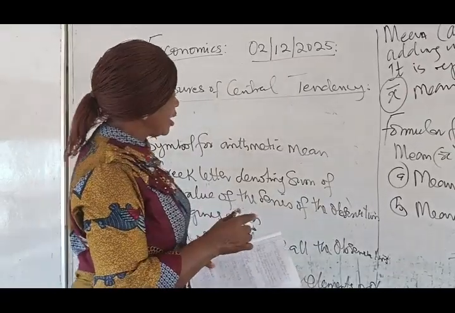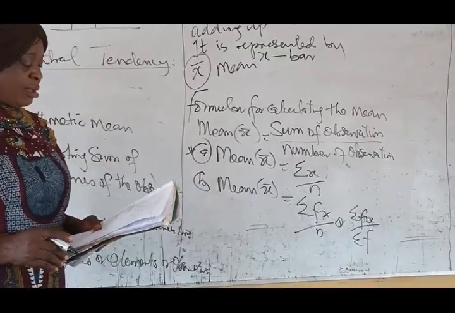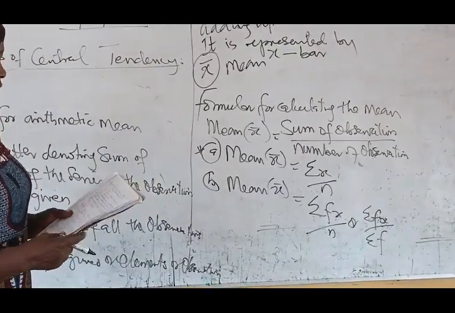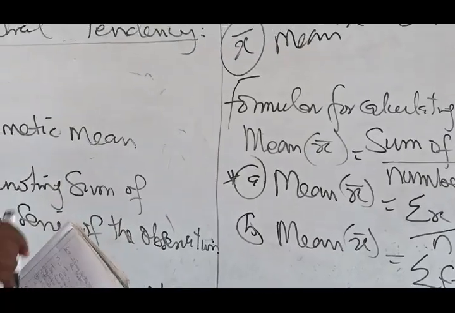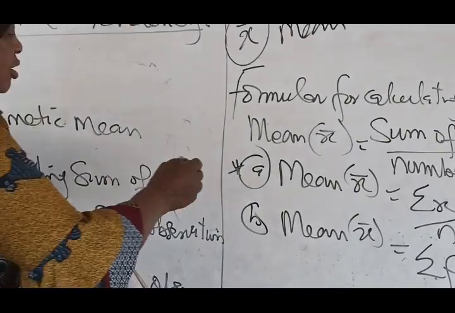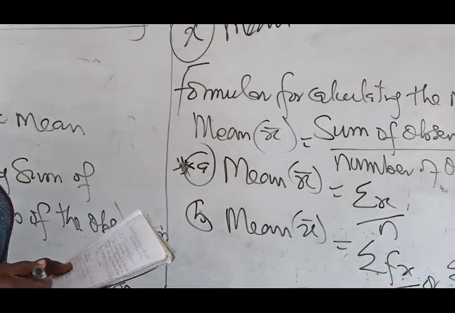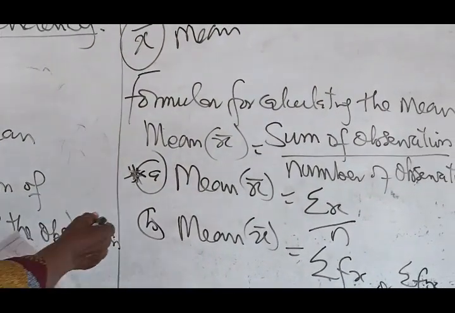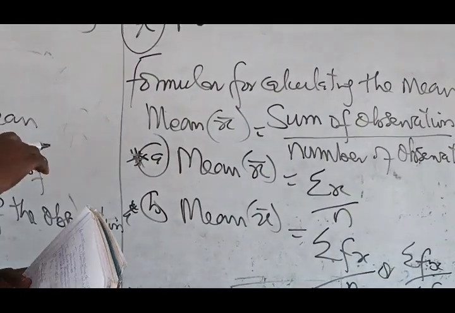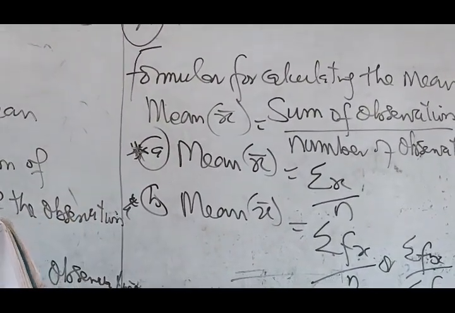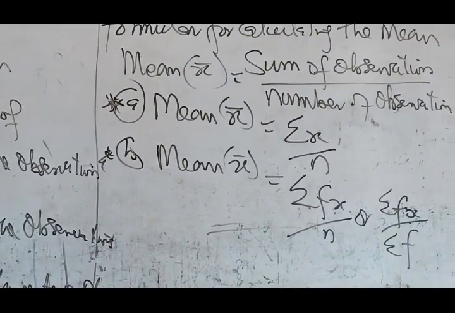Now, I want you to look at this first formula. It is used when a frequency distribution table is not involved. While the second formula is used when a frequency distribution table is involved. There is a way they will ask you to find the mean of a set of observations.